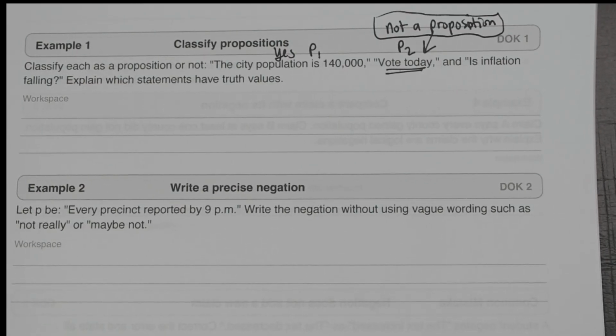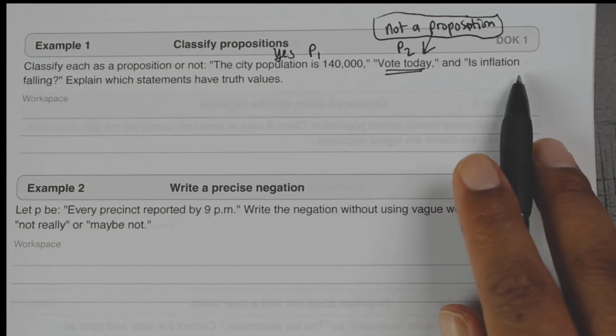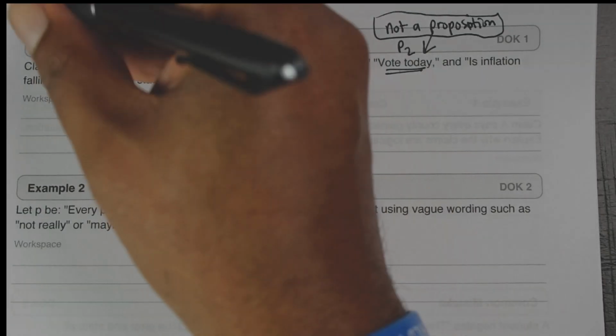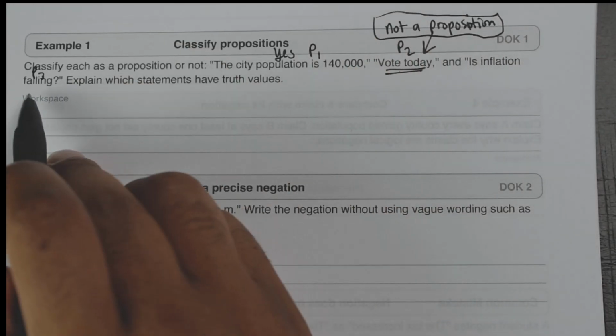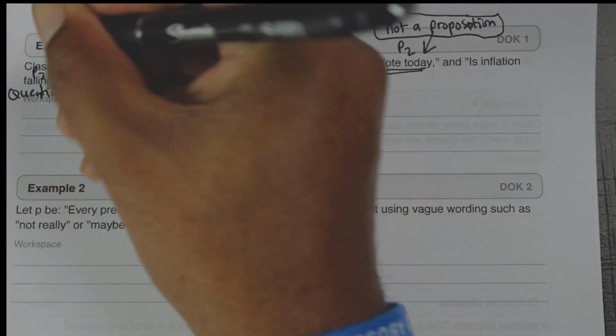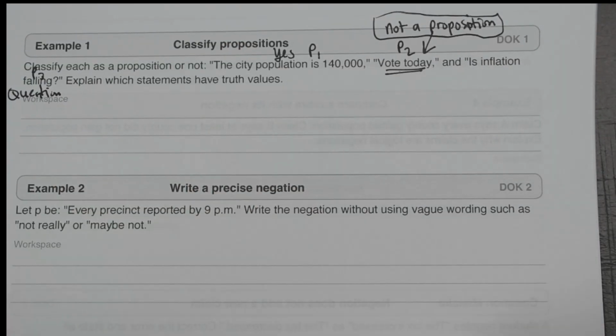That's a command. If I said vote today, is it true or false? You can't really discern it, right? So that's a command. It does not make a claim that can be classified as true or false. And then finally, is inflation falling? That's a question, not a proposition. So part three of this would be a question. So that is not a proposition either. An answer to the question could form a proposition, but the question is not one.